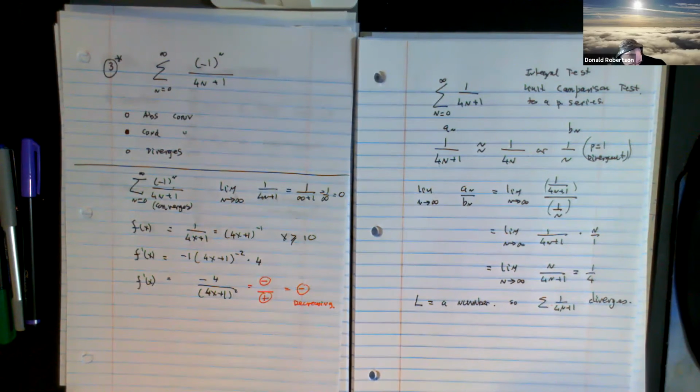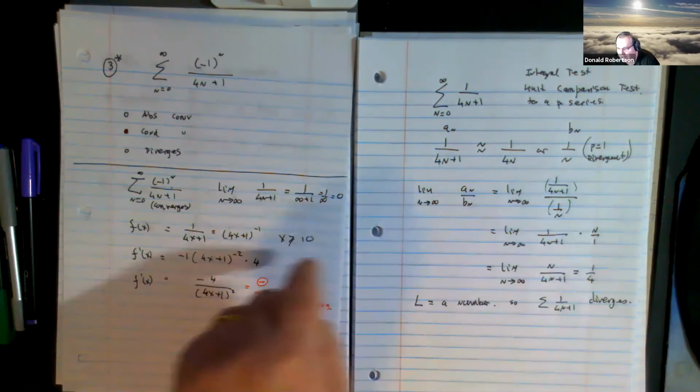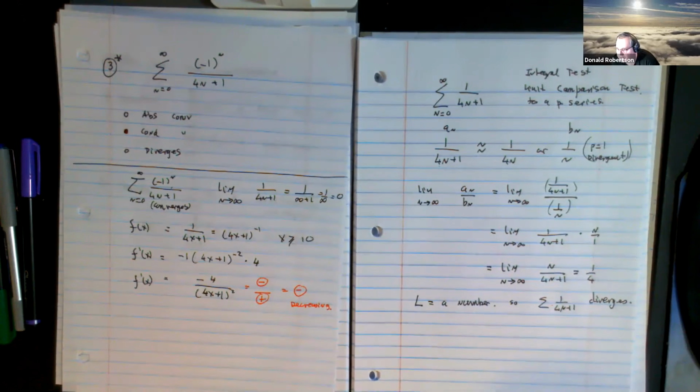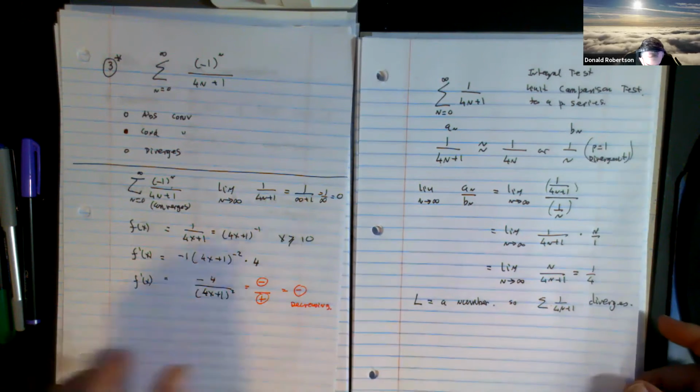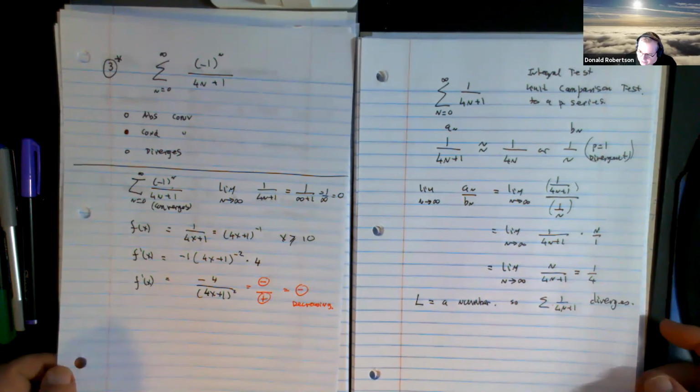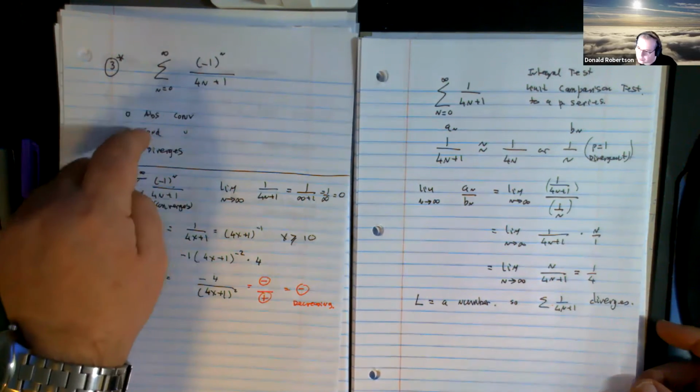If all I see is a dot here, and I don't see any of this, you ain't getting any points, because all that means is you guessed. And you don't get points for guessing. This is not the way these things work. You see how the process of testing for absolute or conditional works.